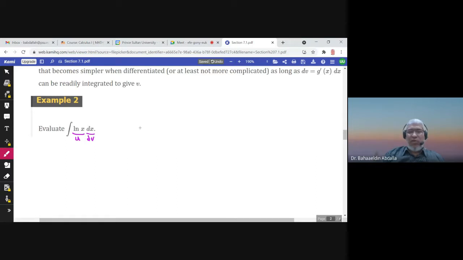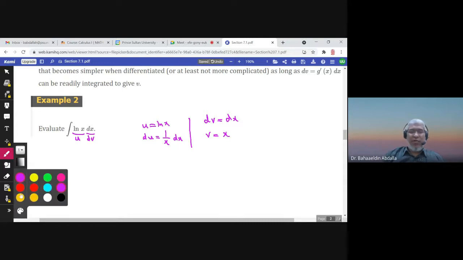So this is the method. You take u equals ln x. What is du? The derivative of ln x, 1 over x dx. And then you take dv equals dx. The integral of dv is v, and the integral of dx is x.